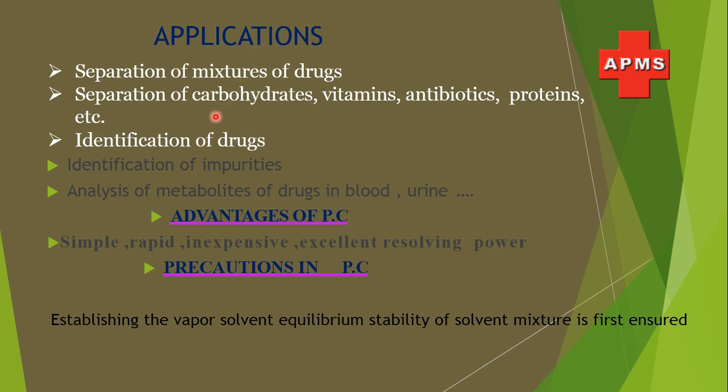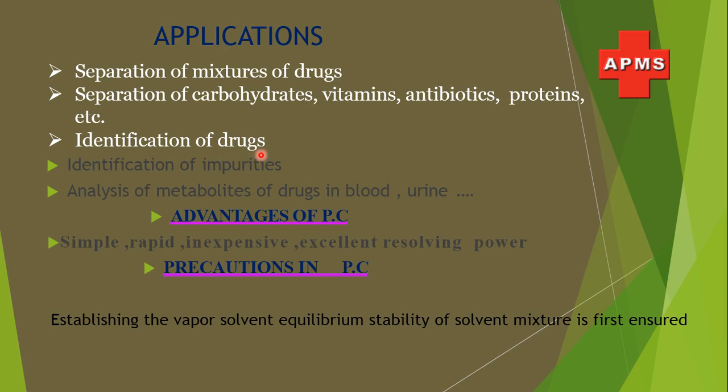So to make separation we use this simple technique. Separation of carbohydrates, vitamins, antibiotics, proteins, etc. All these types of molecules can also be separated using the paper chromatography technique.